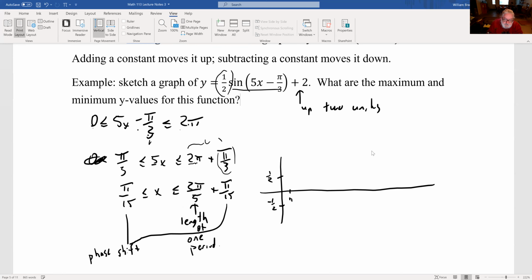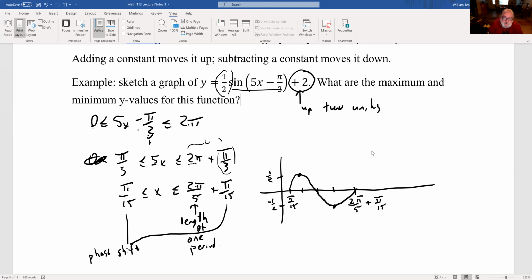We started at pi over 15. We got one cycle to go from x equals pi over 15 to 2 pi over 5 plus pi over 15. And we cut that into 4. Positive there, a negative here, up, down, up. That was one basic cycle, and then it repeats.